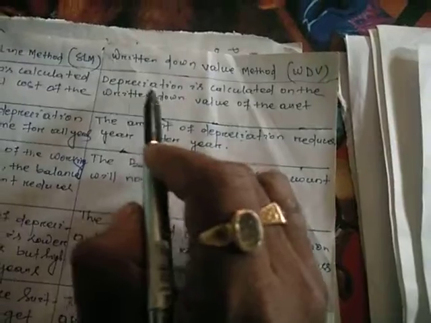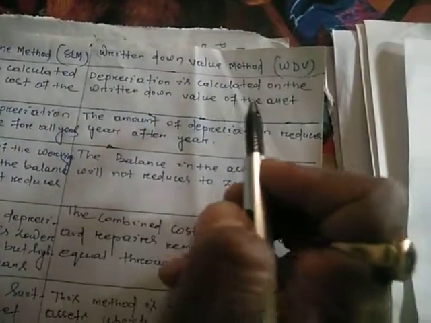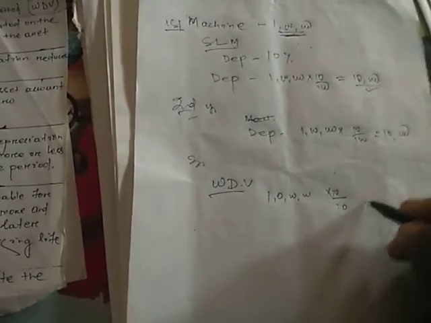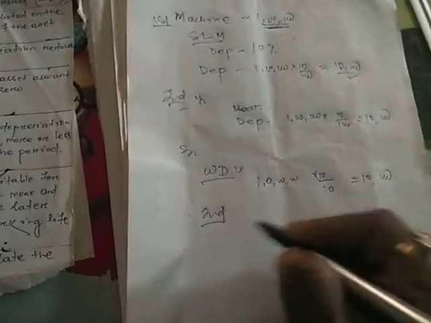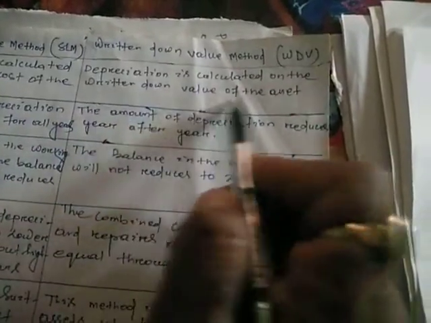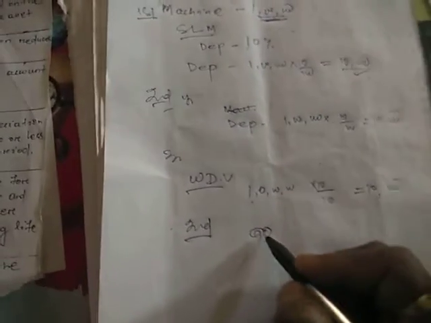But in case of WDV, what happens here? Depreciation is calculated on the written down value of the asset. In the first year it is 1 lakh, and at 10%, that means 10,000. Now in the second year, when you calculate depreciation, it is on 90,000, because here you have to see that the written down value of the asset will be reduced for the next year.